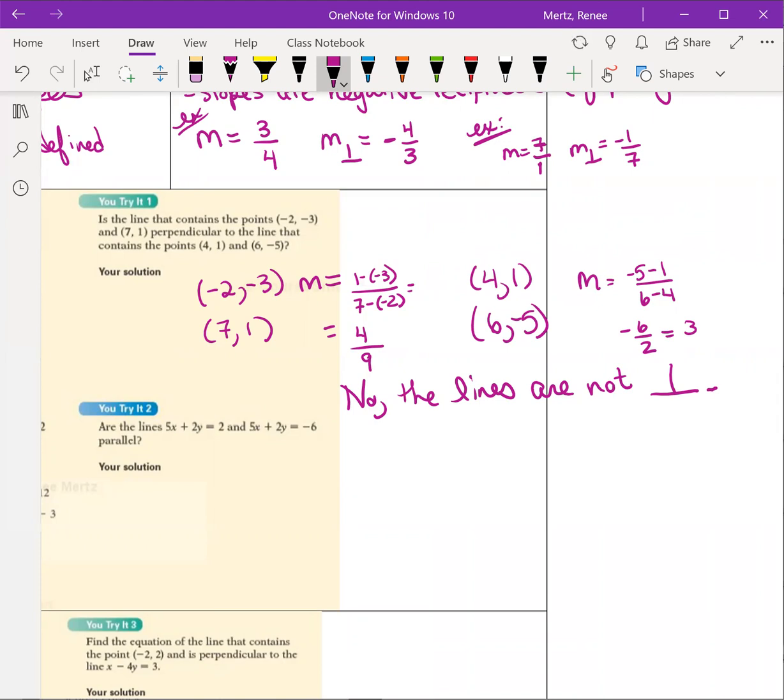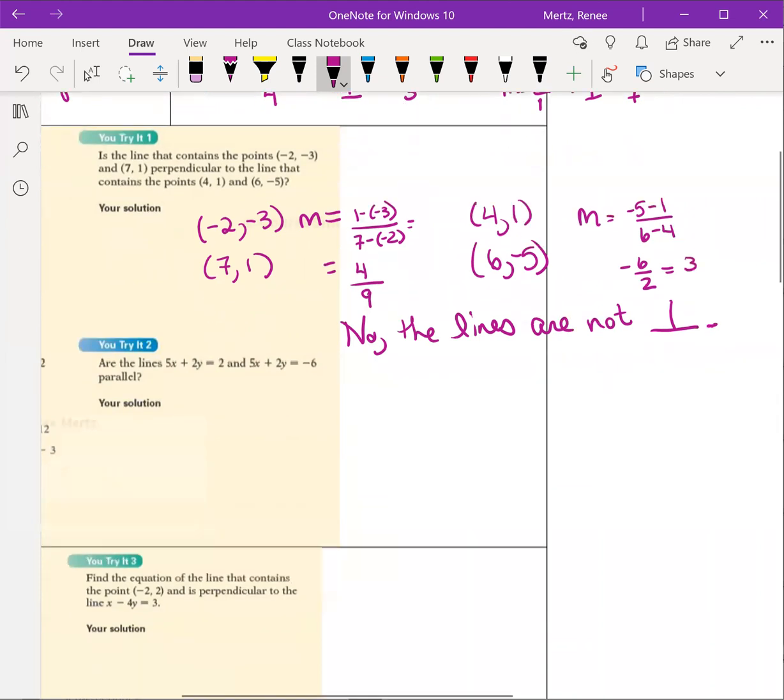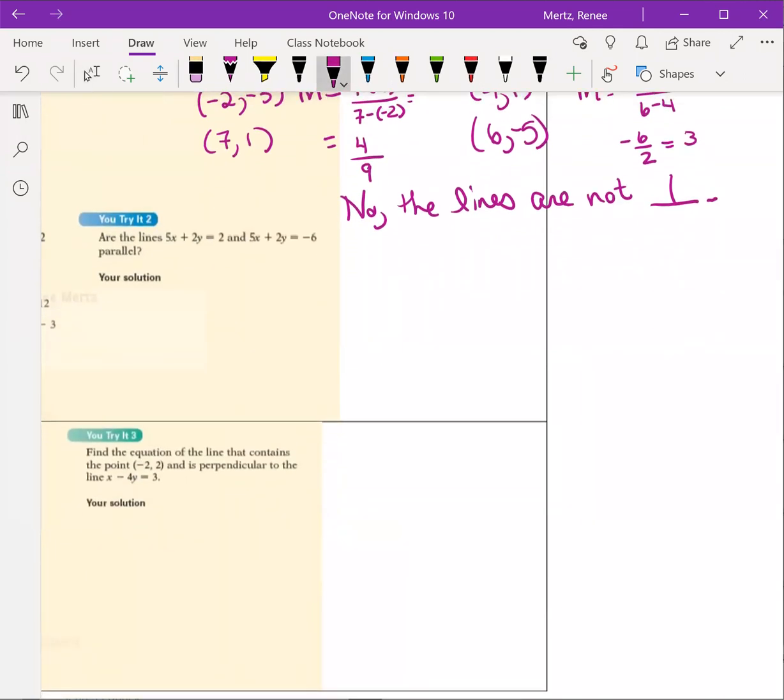So you try 2. Now they're giving us the equation of the line, and they want to know if they're parallel. In order to do this, you're going to put them into y equals mx plus b form. So we're going to take each of them and change them into y equals mx plus b. So 5x plus 2y equals 2.